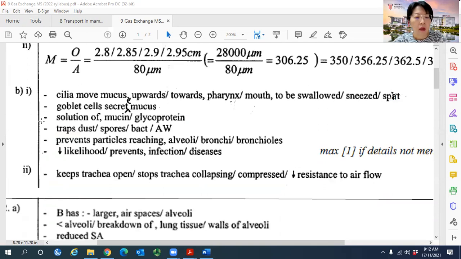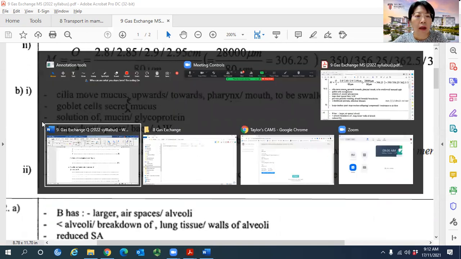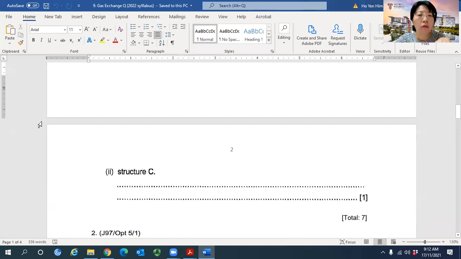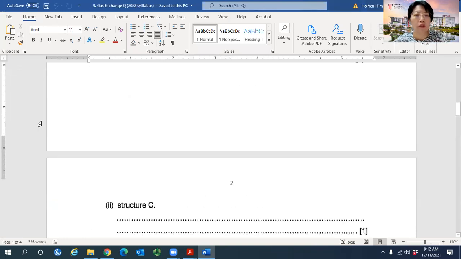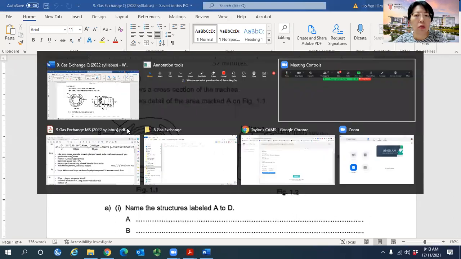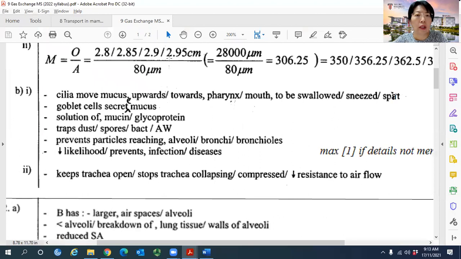All right. So part 2, describe the function of structure C. C is the C-shaped cartilage. You need to say that this is to keep the trachea open, or it stops the trachea from collapsing. It stops the trachea from being compressed.